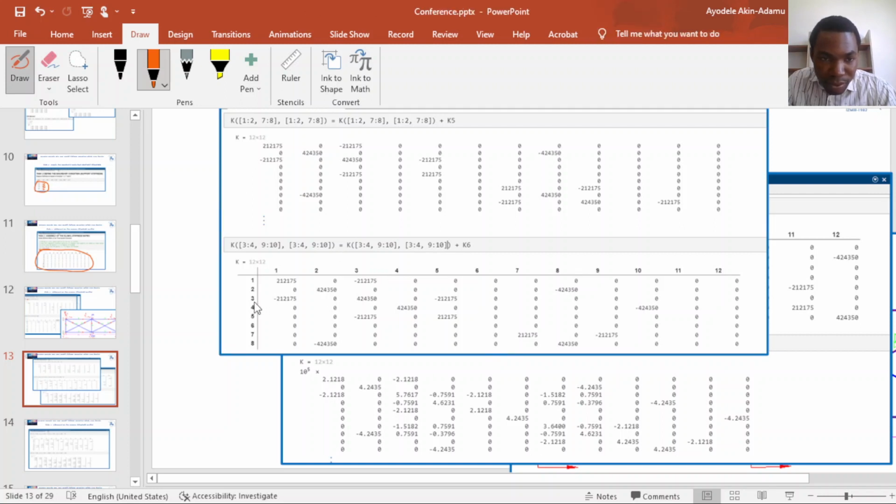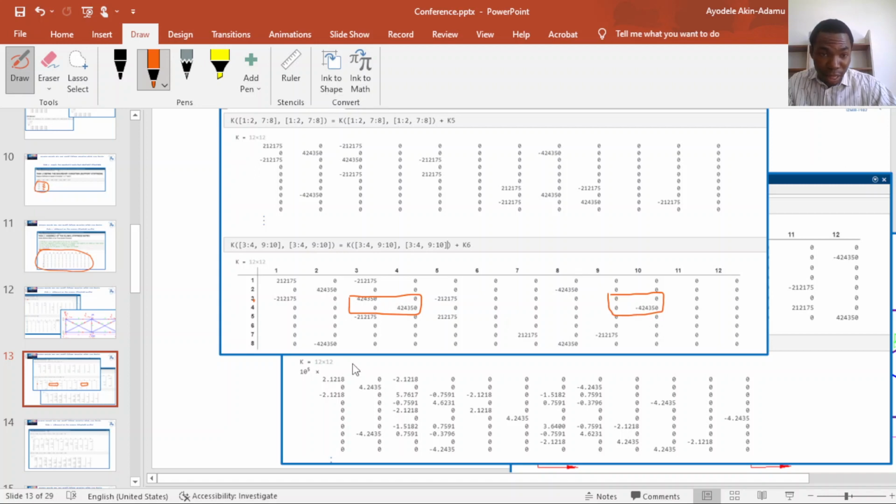This is 3, 3, 4. So this is one part of the matrix here. 3, 4, 3, 4. The 4 by 4 matrix has 16 elements. 3, 4, 9, 10. This is another part of it. I've highlighted eight elements in that matrix.